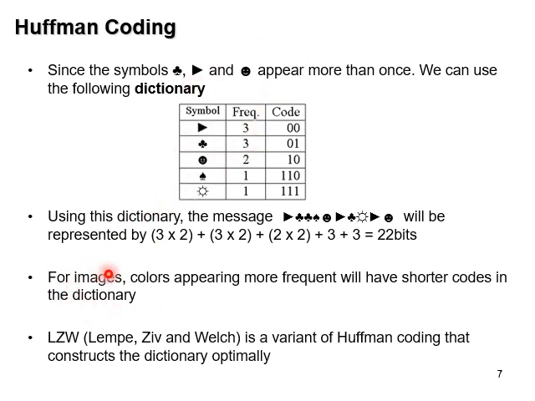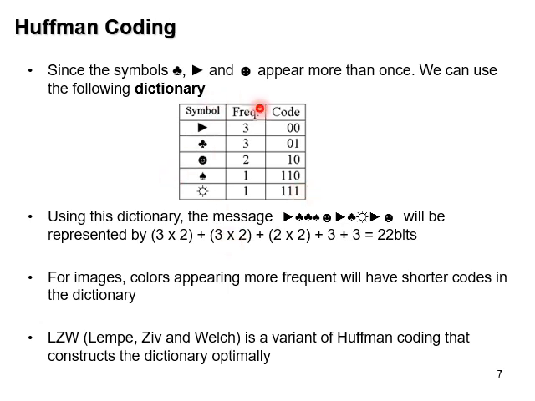For images, colors appearing more frequently will have shorter codes in the dictionary. To map this idea to images, instead of the symbols, we will assume that the symbols are just the gray levels. Those gray levels or colors that appear more frequently, we give them shorter codes. And those that appear less frequently, we give them longer codes. And that's how we can compress an image.